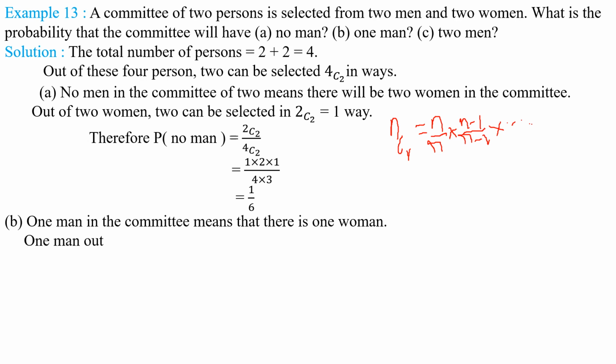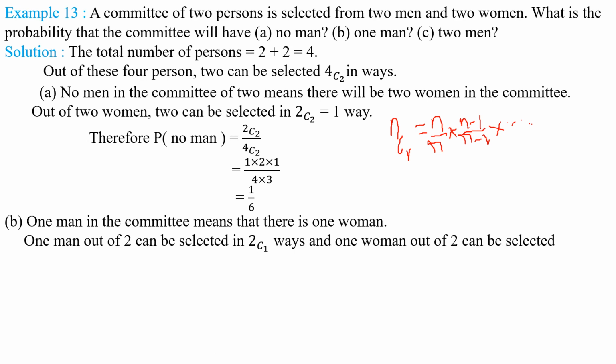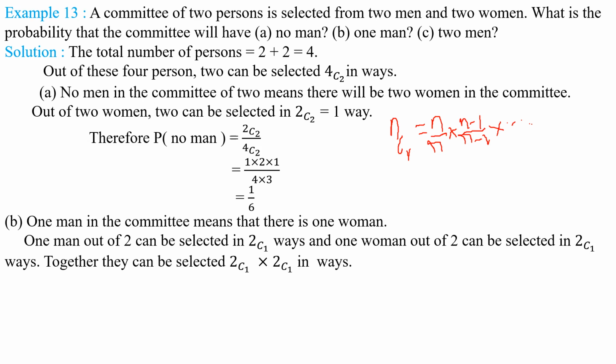One man out of 2 can be selected in 2C1 ways and one woman out of 2 can be selected in 2C1 ways. Together, they can be selected in 2C1 into 2C1 ways. Understood this step?